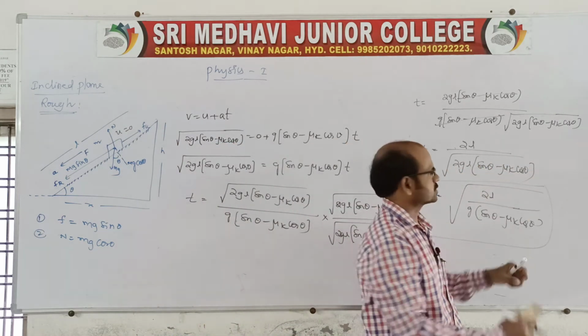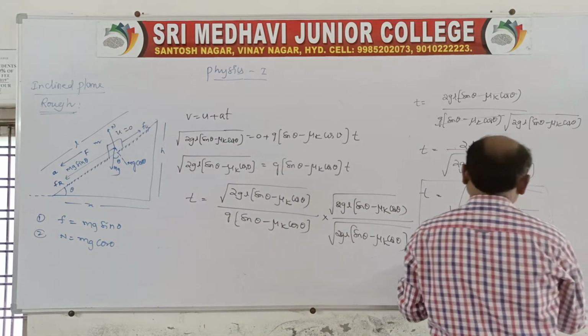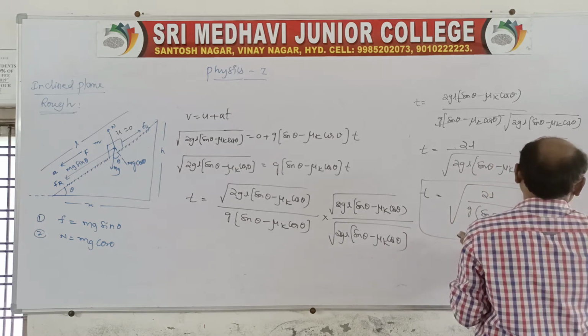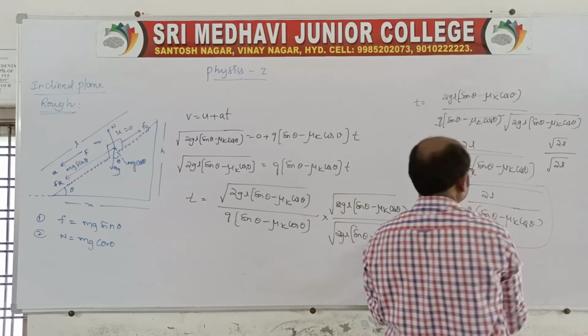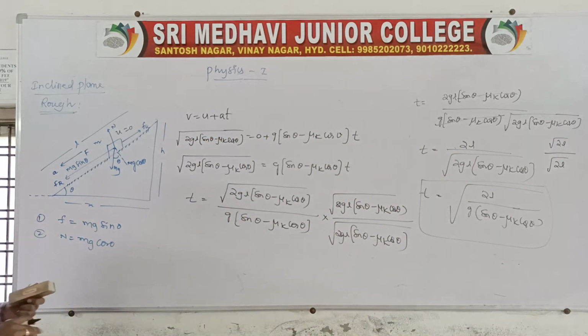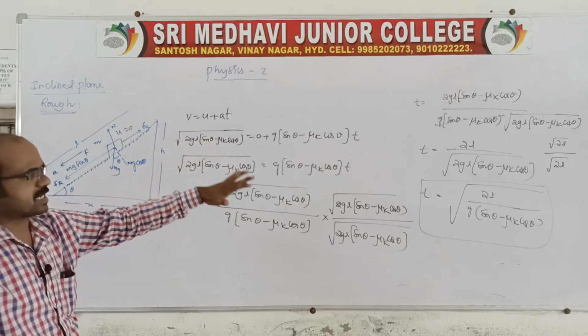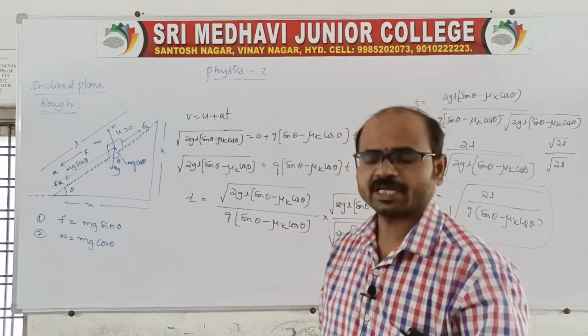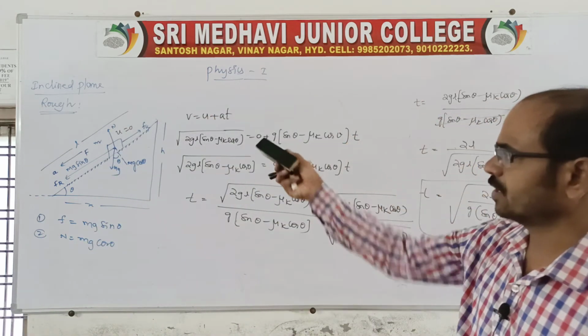Root 2l by root 2l, of course root 2l times root 2l becomes 2l. So this is the time taken to reach the bottom when the body is sliding down on a rough inclined plane. These are the parameters when a body is sliding down on the rough inclined plane.